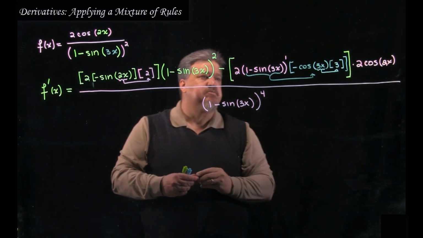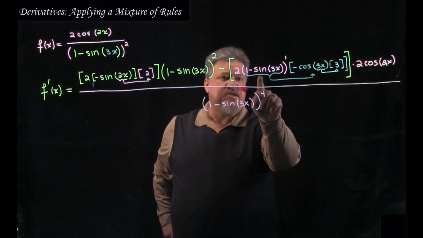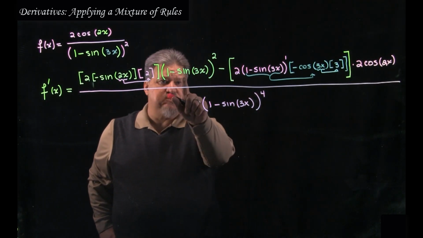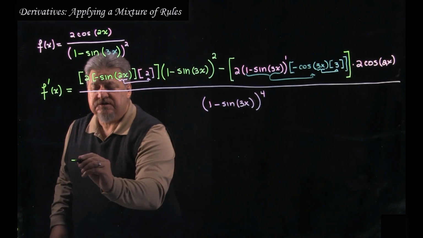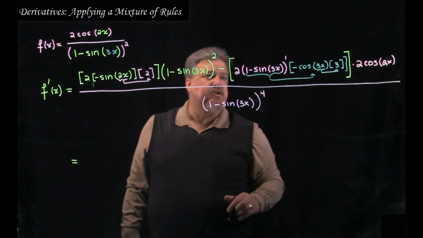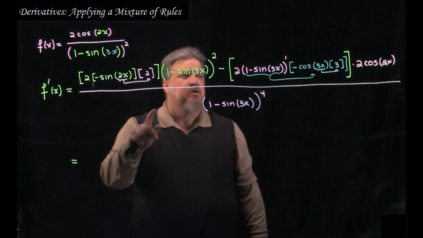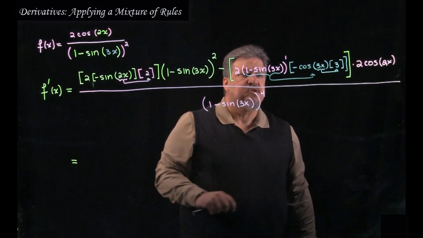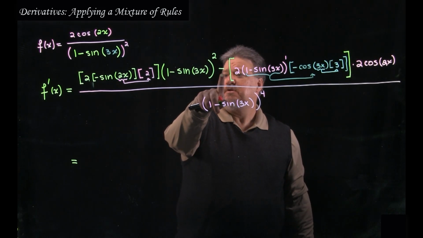Now, of course, this would simplify. Let's look at it. You have a term of 1 minus sine 3x here, 1 minus sine 3x squared there, so we could factor. So let's see what we could factor out. We could factor 2 times 2 is 4, 2 times 2 is 4. We have one of these terms, and negative times negative is positive, and that's about it.